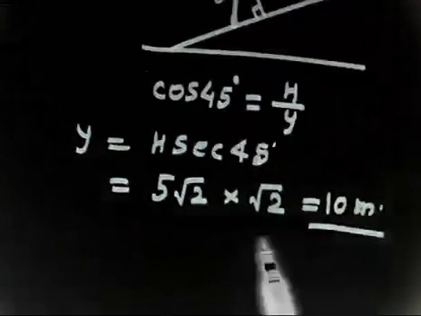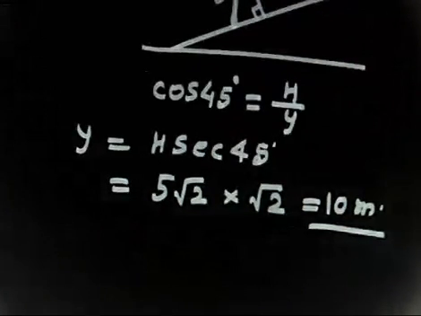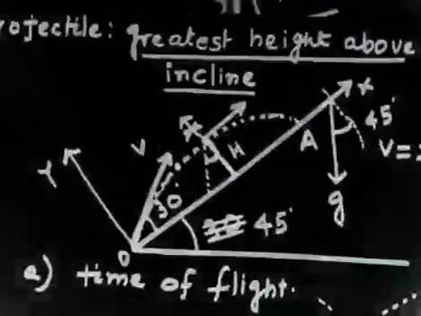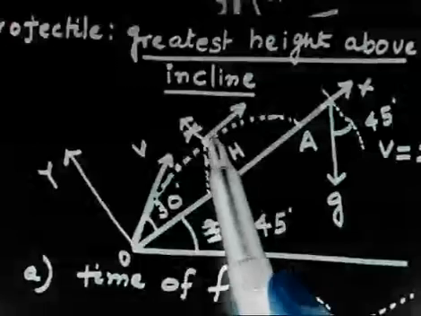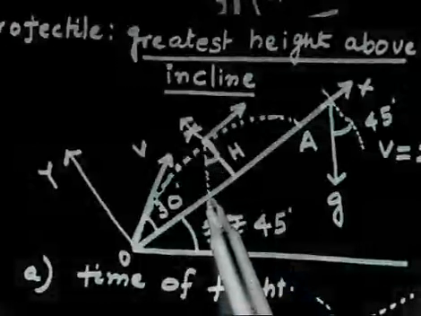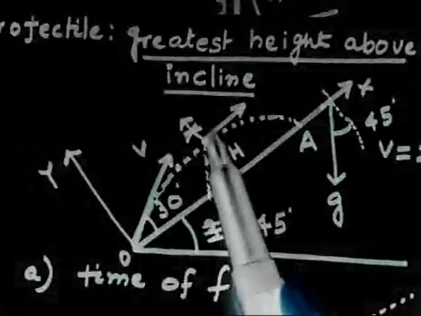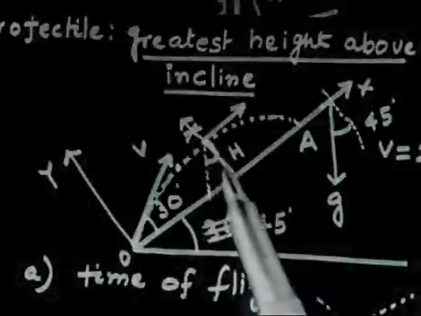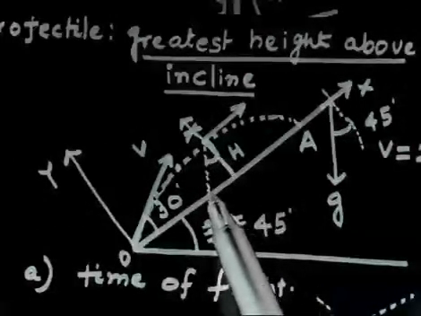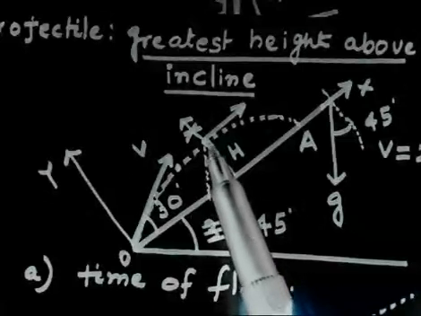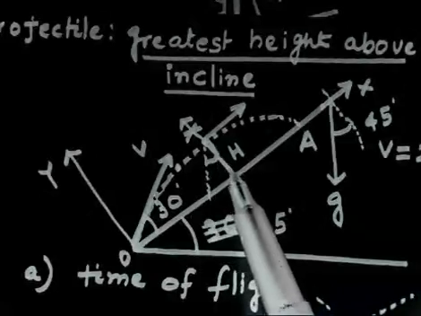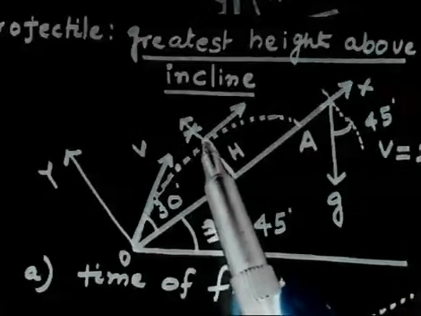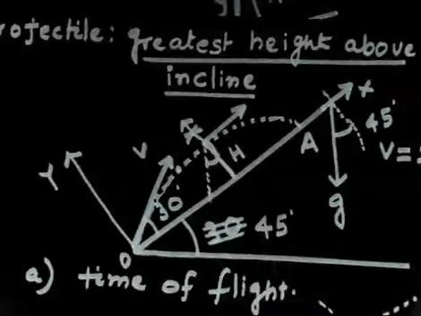If you are here, this is the maximum height. You will look in the vertical direction, you are not looking in this direction. If somebody asks the greatest height reached above the plane, then you have to see in the vertical direction. What is the vertical height that is maximum? Of course, this will be achieved when this is at this point. Let's discuss the next problem.